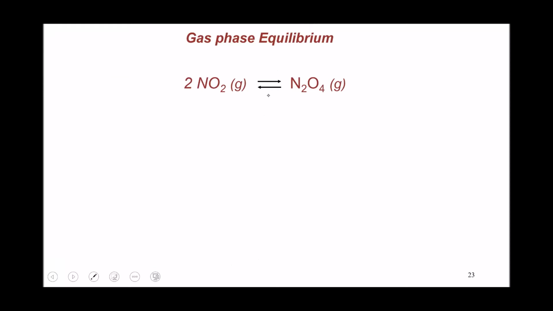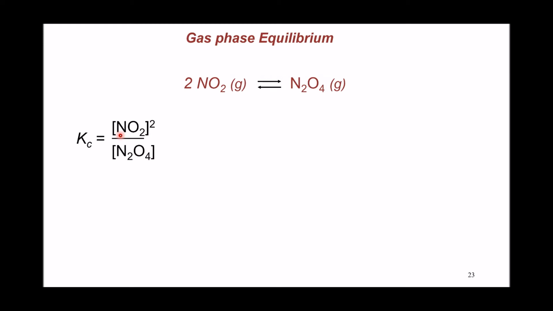A special case is for gas phase equilibrium, when all the substances involved in the equilibrium are gases. We can define a regular concentration-based equilibrium constant between the concentrations of the reactants and the concentration of the products.